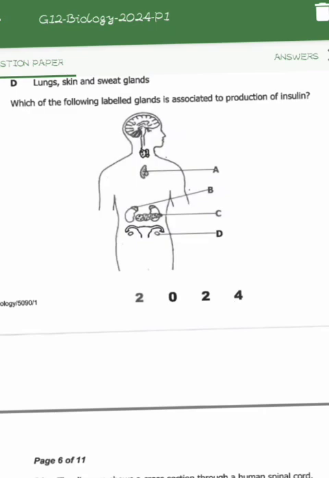The hormones produced by D and their functions. That is very, very important. Apart from that, they can also include the thyroid gland, the hormones produced by the thyroid gland, the function, and so on.